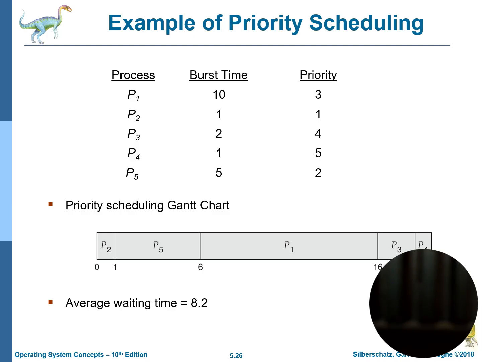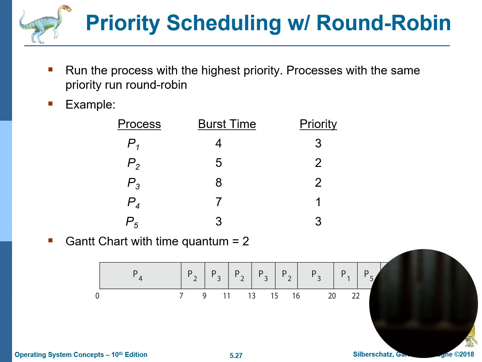Then if you calculate the average waiting time, it becomes 8.2. So this is an example of priority scheduling.